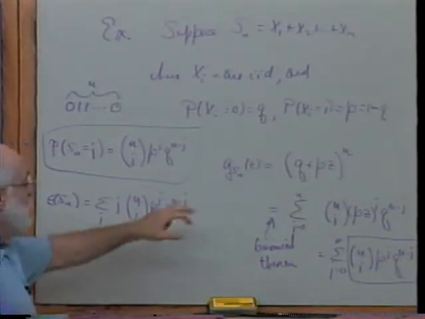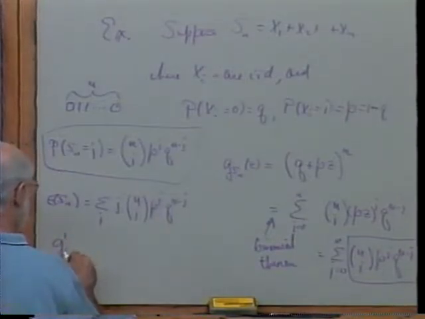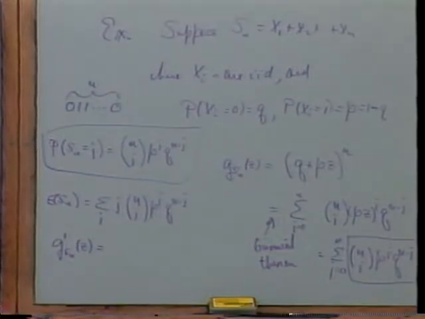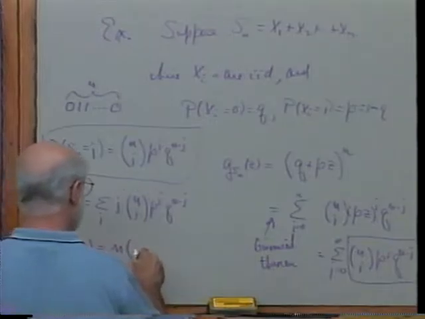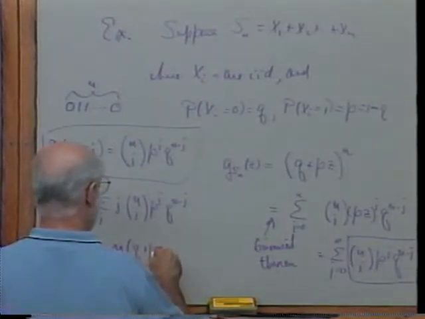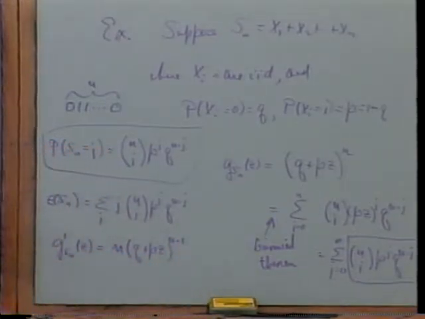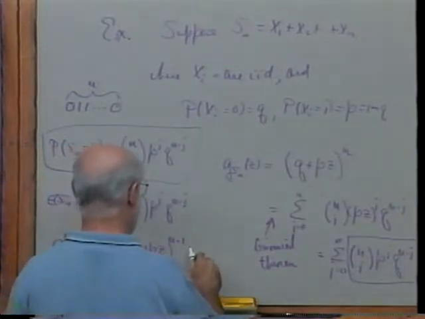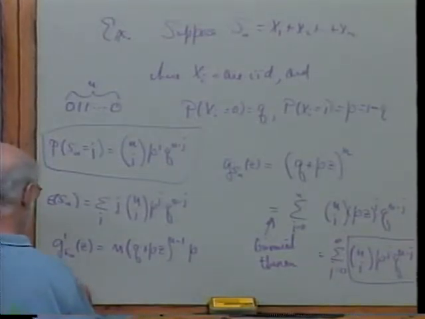But a way to do it would be to simply calculate the derivative of the generating function and then set z equal to 1. So its derivative is n times q plus pz to the n minus 1 times the derivative of the thing inside, if I remember my freshman calculus, which is p. And then I set z equal to 1.